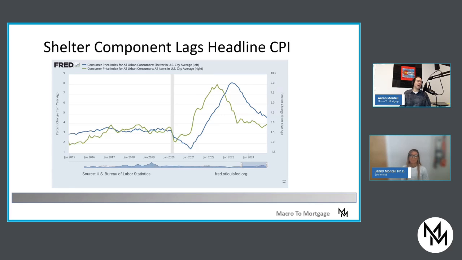So we pulled shelter out and charted it against headline CPI, and you can see that in fact it lags, and it's visually obvious. It lags in both directions. So headline CPI is quicker to move up and quicker to move lower over time. Just like you mentioned, Jenny, shelter is hard to measure, and it's a lagged measurement, and that's just visually obvious here.